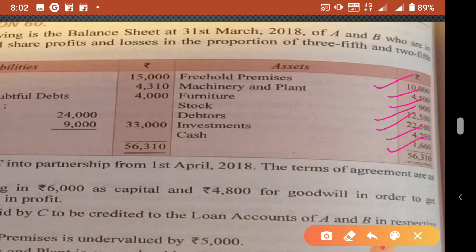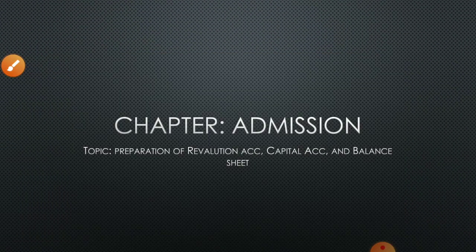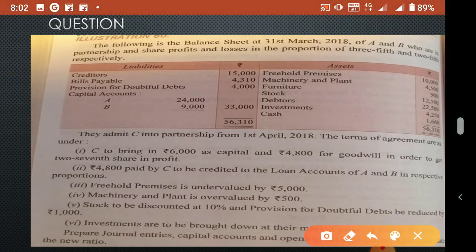So these are the items given in the balance sheet total. Now we'll see the adjustments. What are the adjustments given? They admit C.